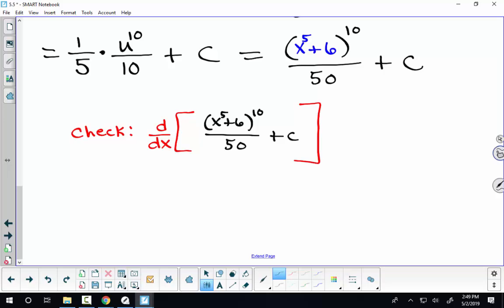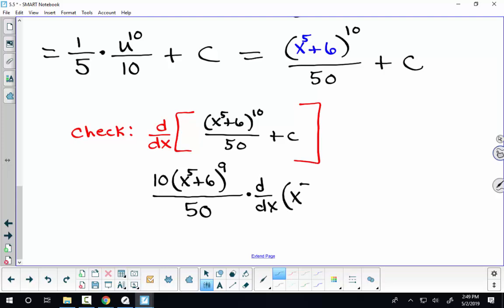For the derivative here, we have to use the chain rule. We have 10 times (x^5 + 6)^9, all over 50, times the derivative of what's inside, the derivative of x^5 + 6.